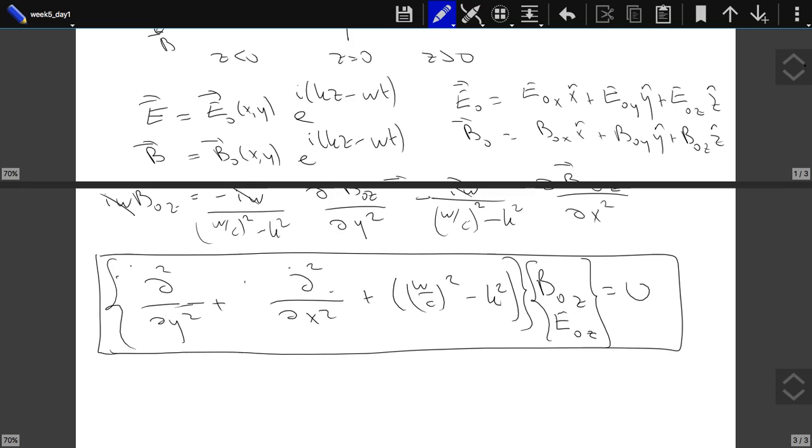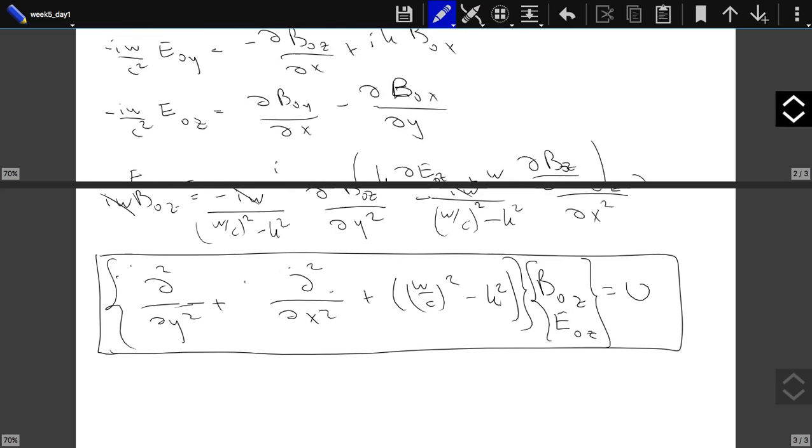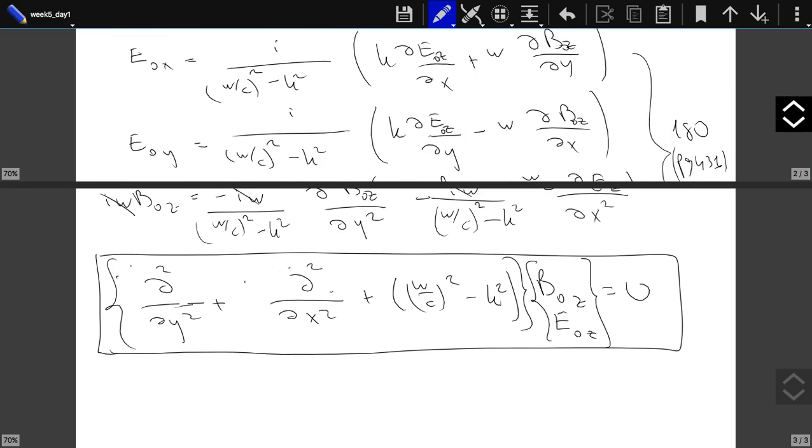So we should get exactly the same equations for various components of E0z and B0z, E0x and E0y and the B0. Well, we also know that B0z in that case is 0 in the case of infinite cross-section. But you see, in this case, we seem to be having this problem over here that the x and y components of E0 and B0 we can write in terms of the z components of E0 and B0.